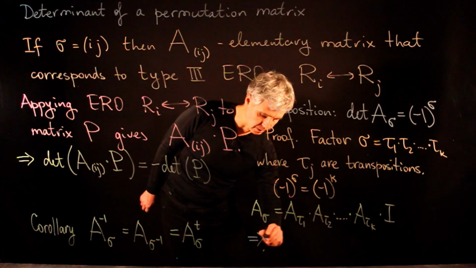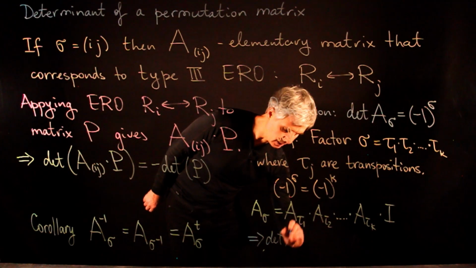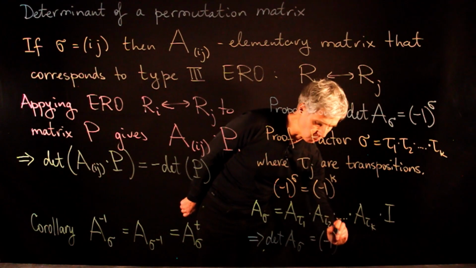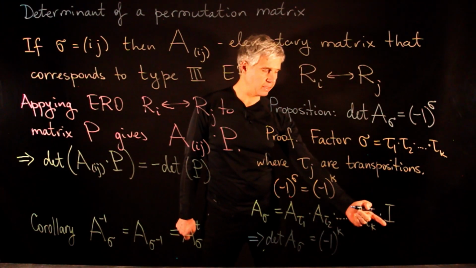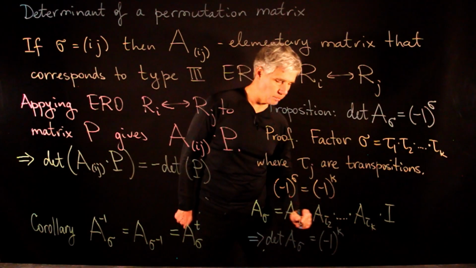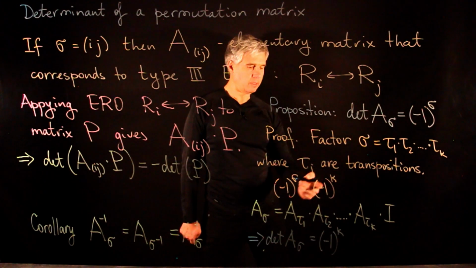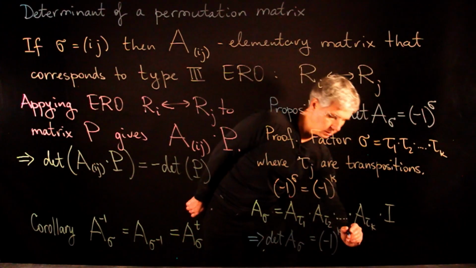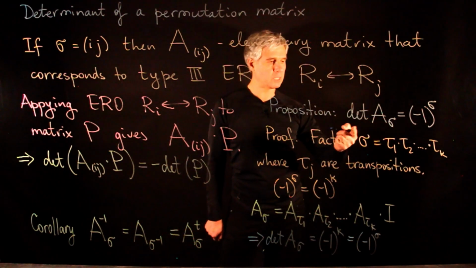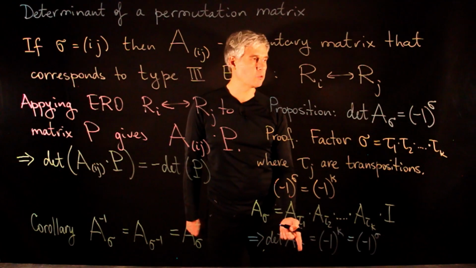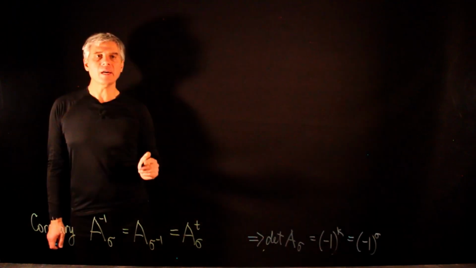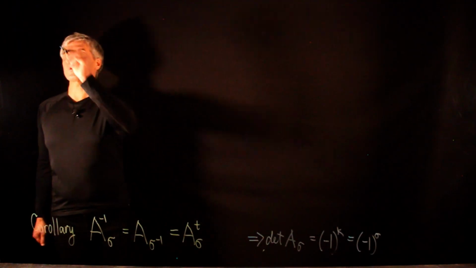And this tells us that the determinant of A sigma is equal to -1 to the power of k, right? But that's exactly the expression for the parity of sigma. And this proves the result, that the determinant of a permutation matrix is equal to the parity of the corresponding permutation. Now we're ready to handle the determinant formula.